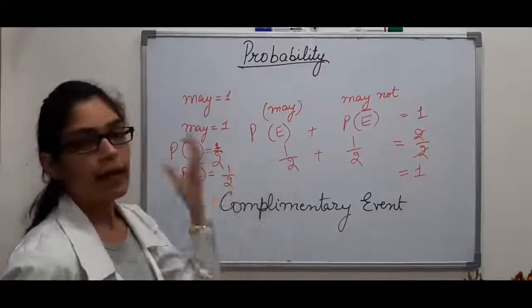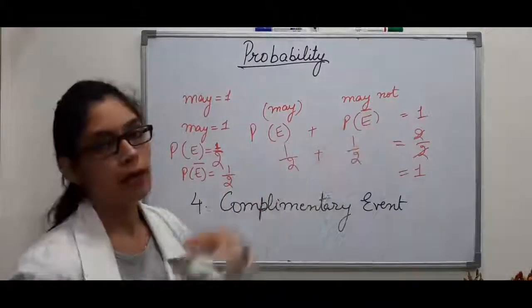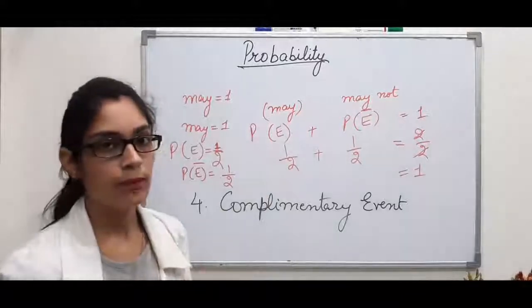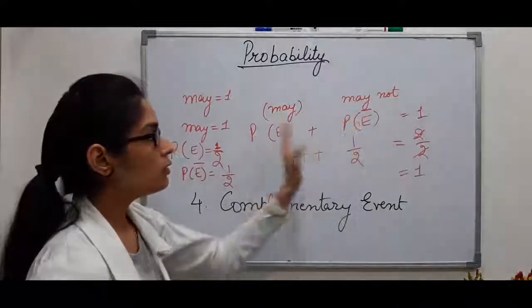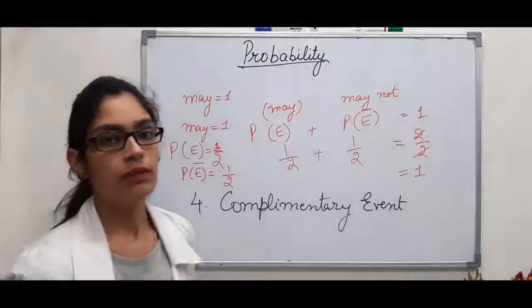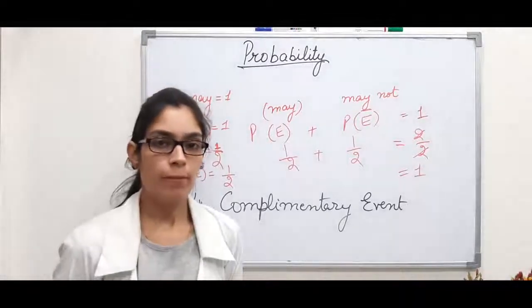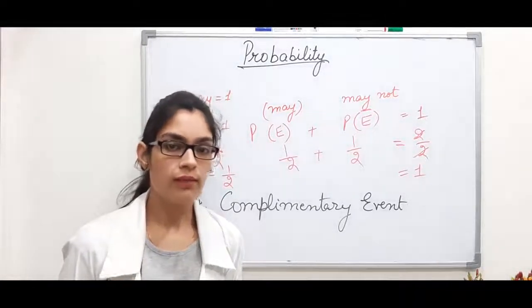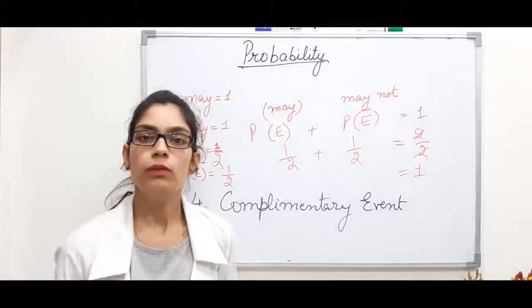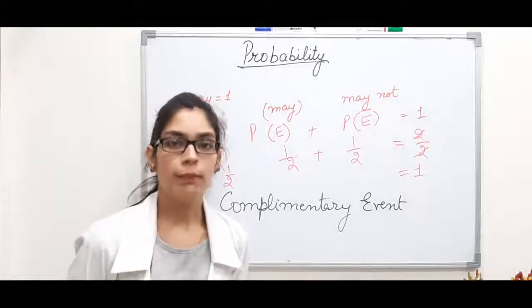Which means when I add PE and PE bar, I get 1, which means these two events are complementary events. In other words, when you add two events and you get 1 as your answer, those two events will be complementary events.